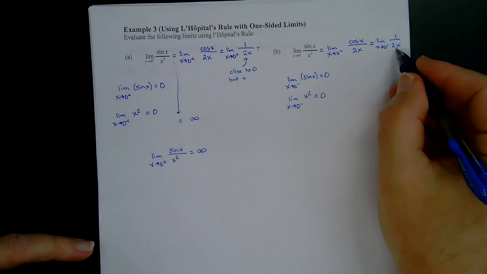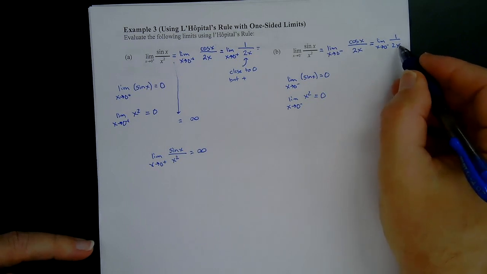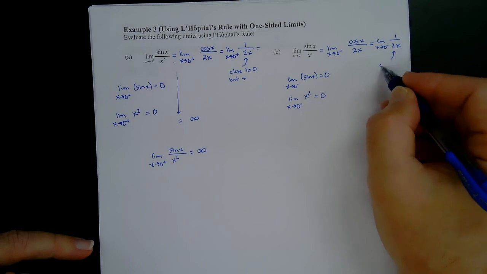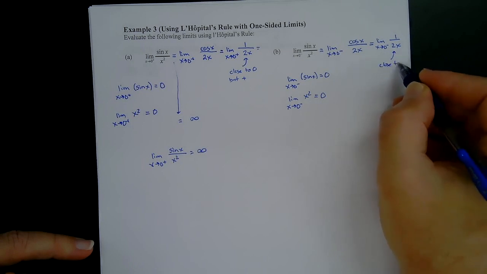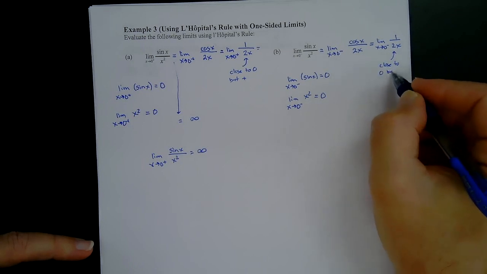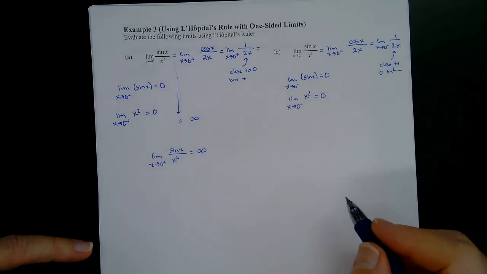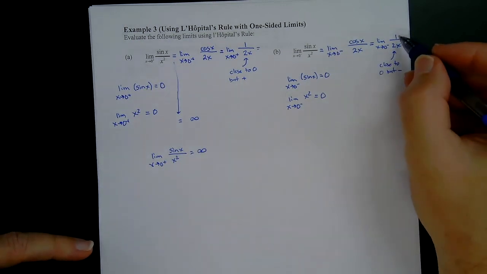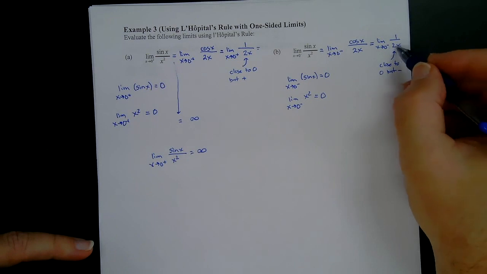So this 2x, because x is getting closer and closer to 0, 2x is getting closer and closer to 0, but all of our x values that we're putting in here are going to be negative. So this is close to 0, but negative, which tells you that you're taking 1 and dividing by a negative value here, right?